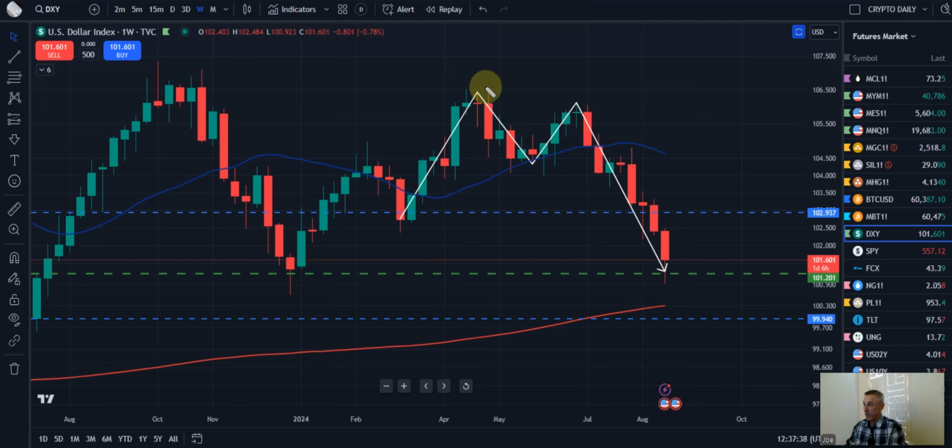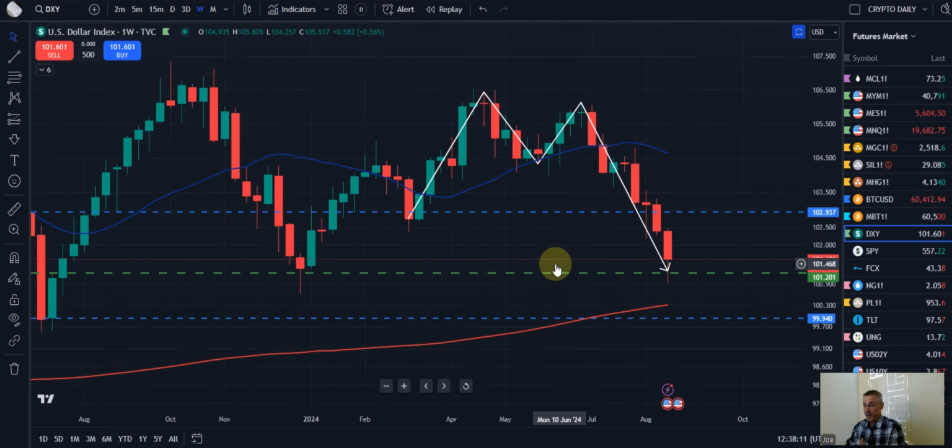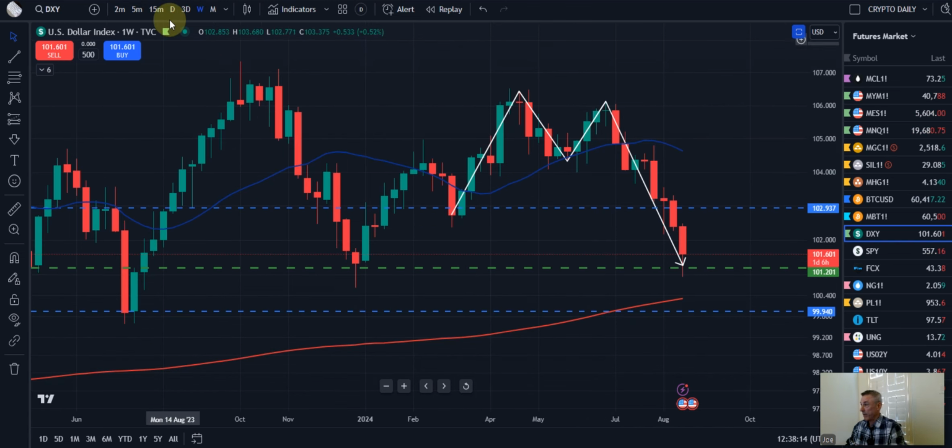In other words, you have a push to the upside and we make a high, we pull back into support, and then many times we'll make a lower high, and then as soon as the most important part, as soon as we take out that low pivot here, this previous support, then we waterfall or cascade down to the next level, wherever the bulls, buyers start coming back in. But you can also use specific measured moves to figure that out before price gets there. Okay, now that's the weekly.